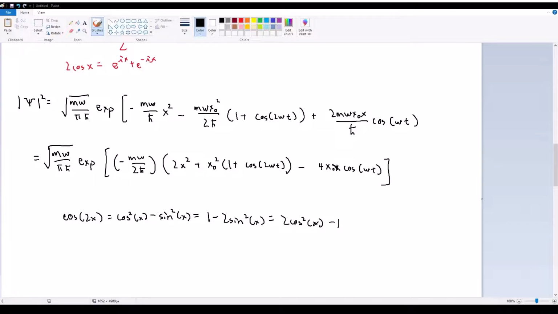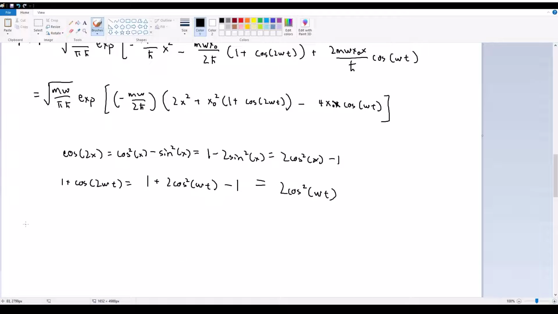So at this point, if I want to simplify this even further, I can take advantage of the double angle formula, and I can rewrite 1 plus cosine of 2 omega t. Let's do the cosine term. So 1 plus 2 cosine squared of omega t minus 1, aka 2 cosine squared of omega t.